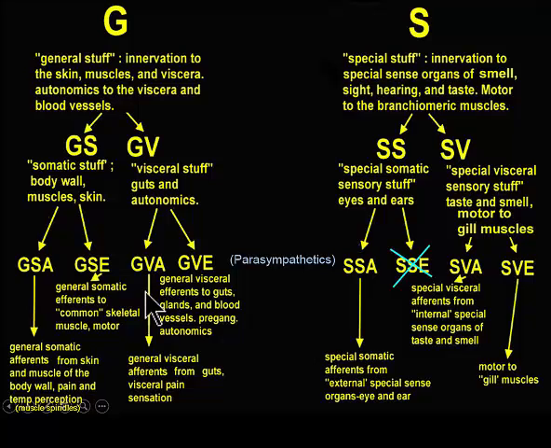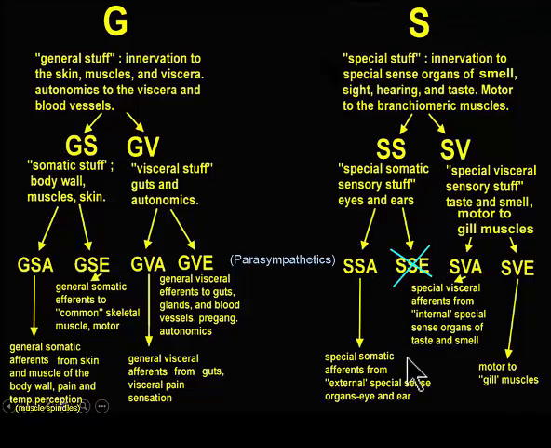General visceral afferents, those are gut pain, stretch receptors in your gut, deep pressure sensations in your palate, etc. Baroreceptor afferents are GVA. General visceral efferent. Whenever you see a GVE, think autonomic. And specifically when you're talking about the cranial nerves, think parasympathetics. The vagus is the biggest GVE nerve in the body.